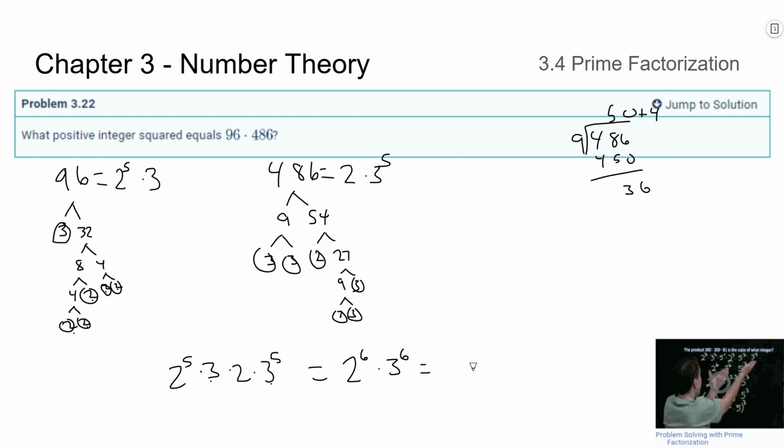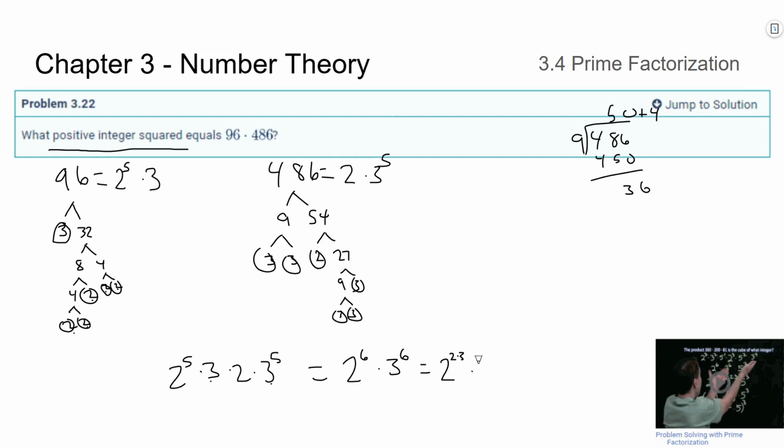Okay, so now that we did the prime factorization, does that help us at all? Did we do all that work for nothing? So what was the problem? What positive integer squared? Well, I don't see anything squared here, but we do have 2 to the 6th, which is the same thing as 2 to the 2 times 3.